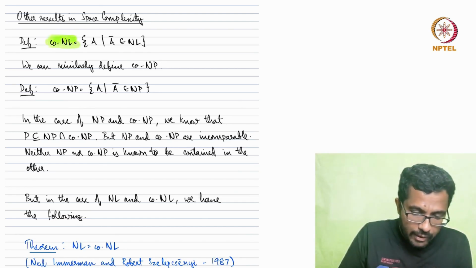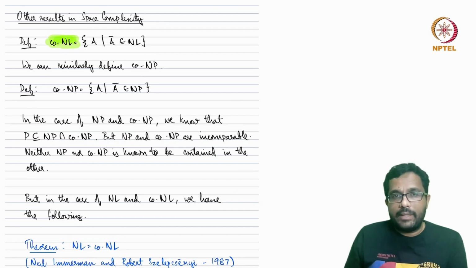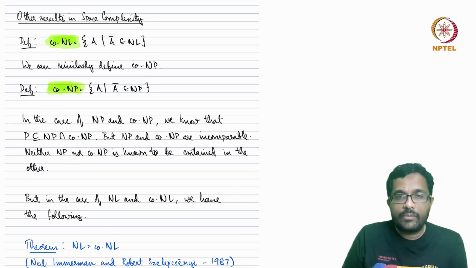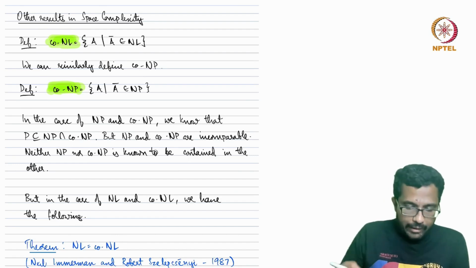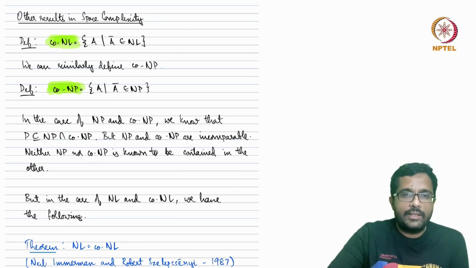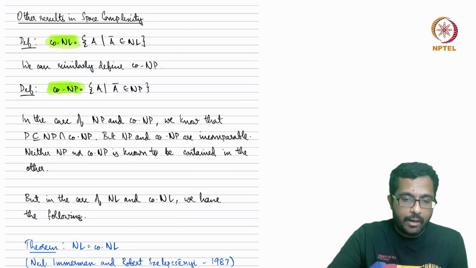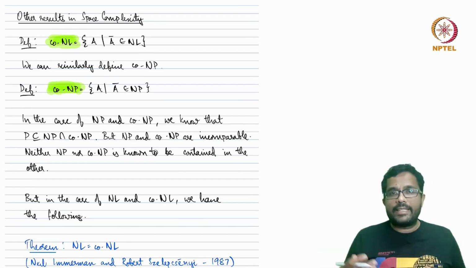Similarly, we can define co-NP, the set of languages whose complement are in NP. While I didn't mention this in this course, for NP and co-NP we don't know the relation between them.